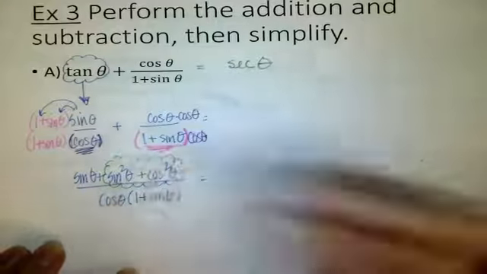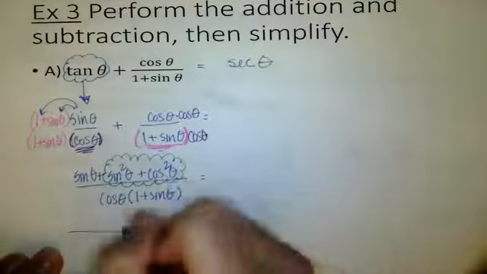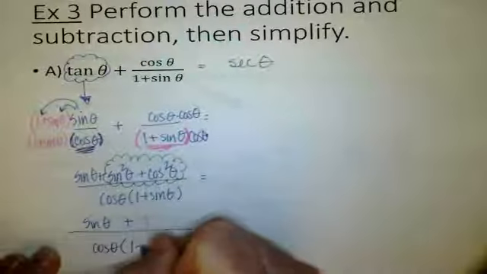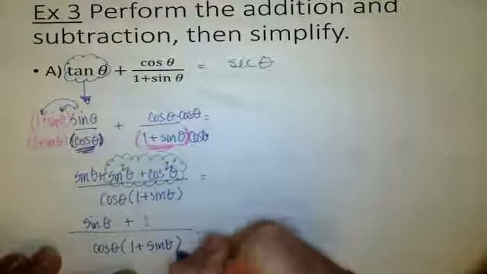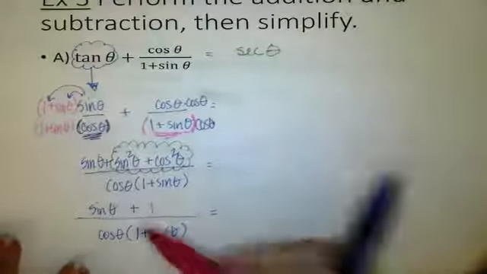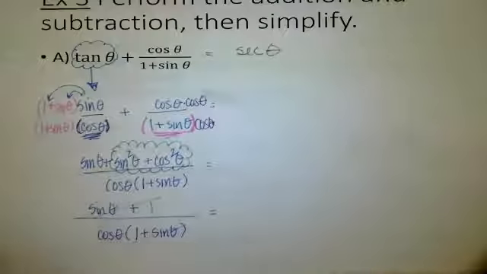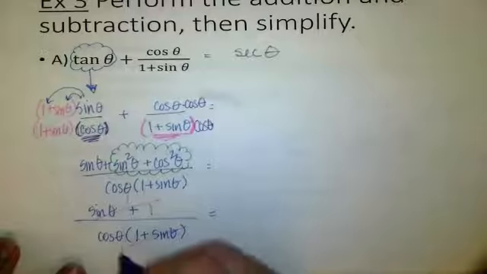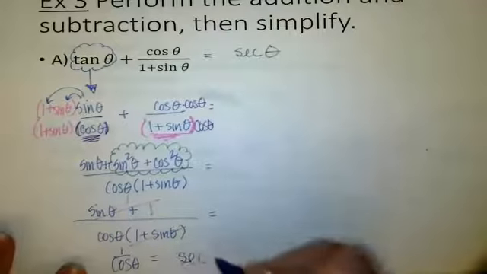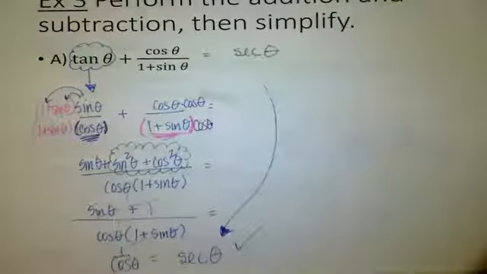Sine squared plus cosine squared is 1, plus sine theta, over my denominator. And then what do you see? Sine theta plus 1 over sine theta plus 1 reduces to 1 over cosine of theta, which is secant. Secant of theta. Yay for us. Good job.